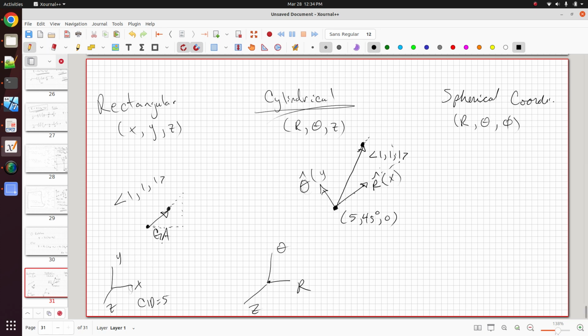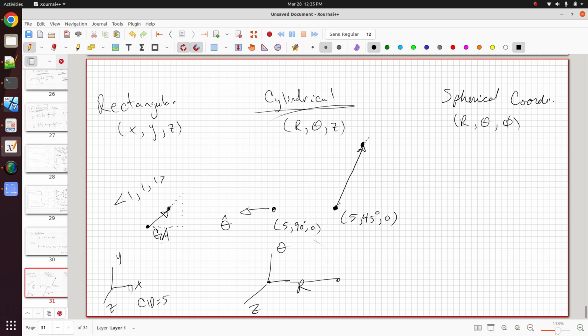So now, let me repeat this process for the same point somewhere else. So let's go ahead and suppose that we have this point, which could be at 90 degrees and 0. So what we're doing is we're going out some radius and then we're rotating. Remember that theta hat is tangent to the rotation.